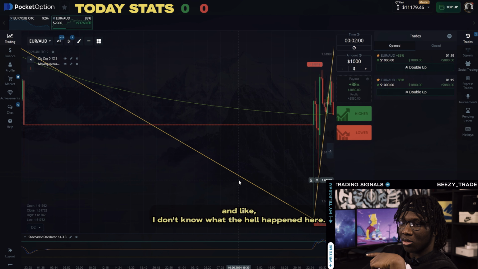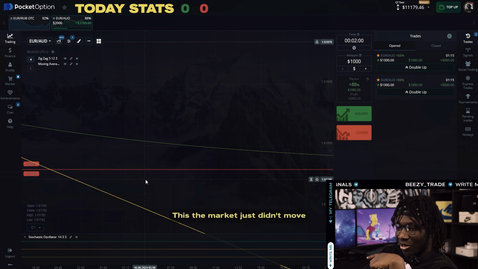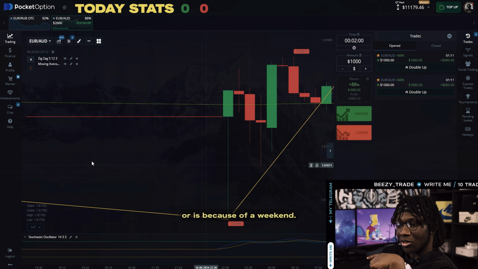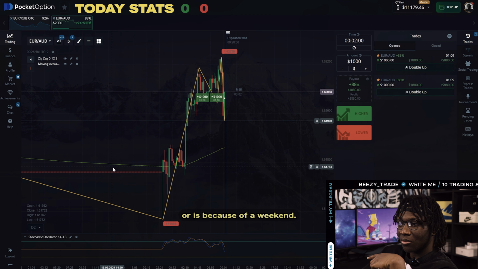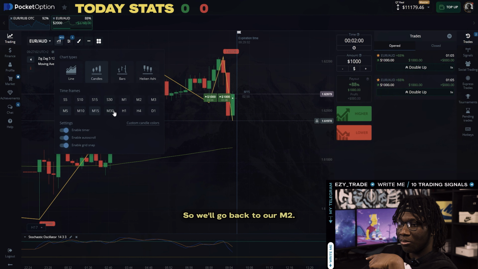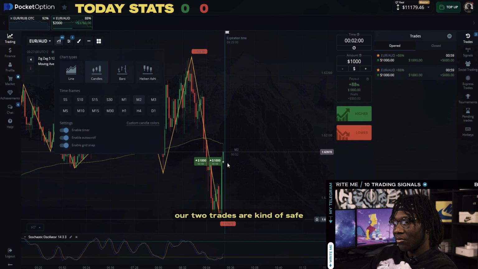And as you can see, I don't know what happened here. The market just didn't move? Or is it because of the weekend? Alright, no big deal. We'll go back to our M2, and right here we can see our two trades are kind of safe and everything is looking great.